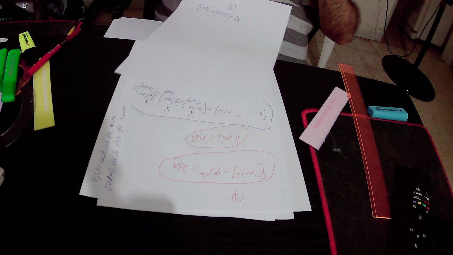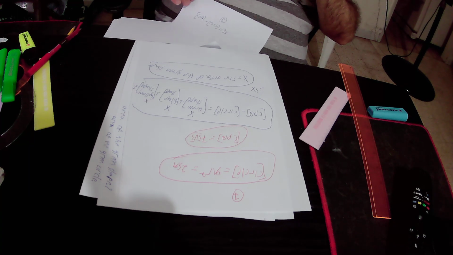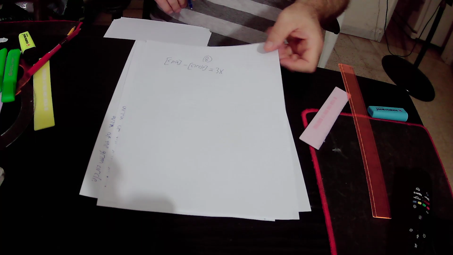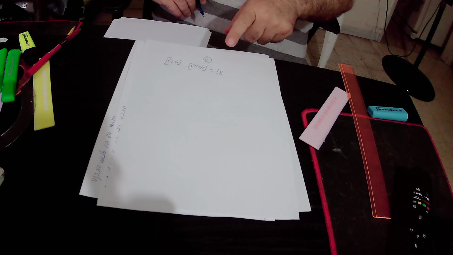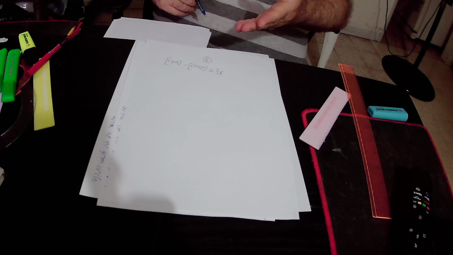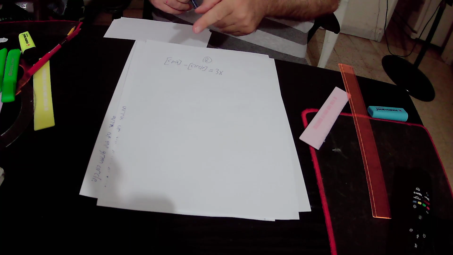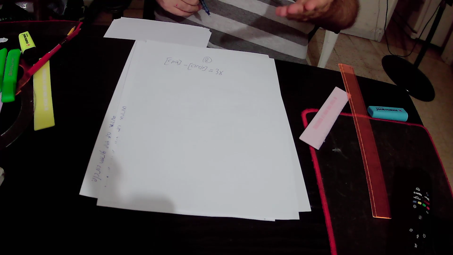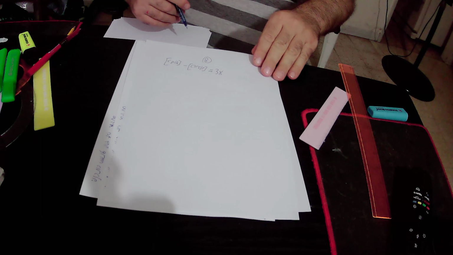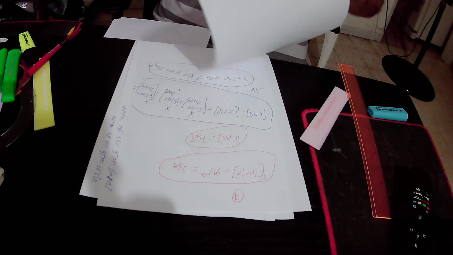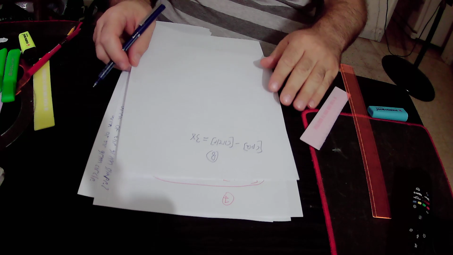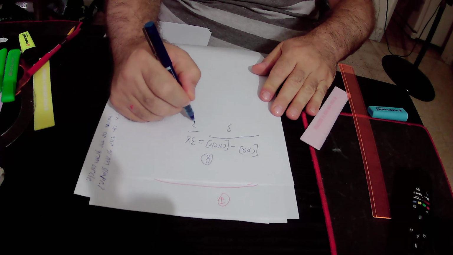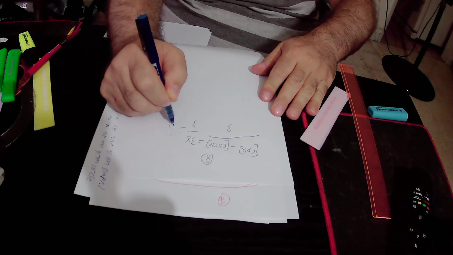But we want to find out the area of the green shape only, that is x. So in order to get the area of the green shape, we must divide this equality by 3 and we will get the value of x.